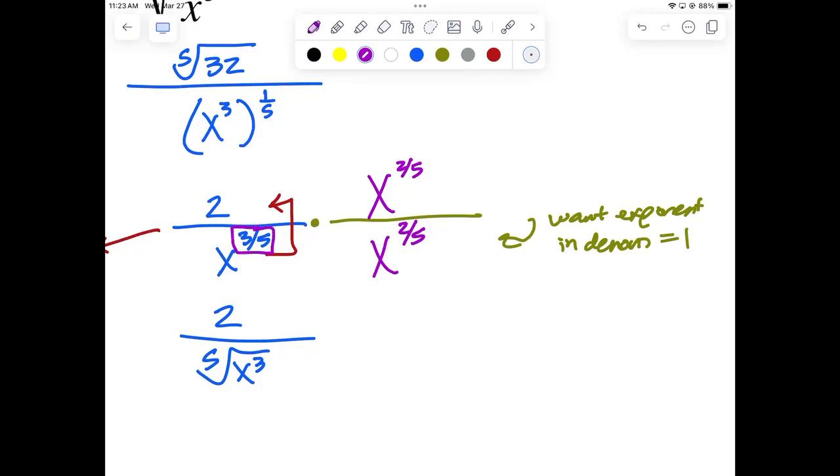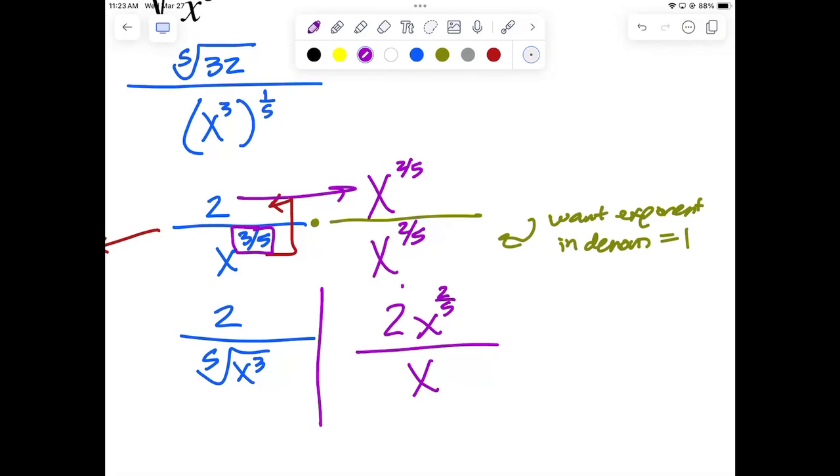So if I multiply by x to the 2/5 over x to the 2/5, here's what happens. In the top, I get 2x to the 2/5. And in the bottom, I get x to the what's 3/5 plus 2/5? 5/5, which is equal to 1. So I get this right here. So this could be your final version number 2.